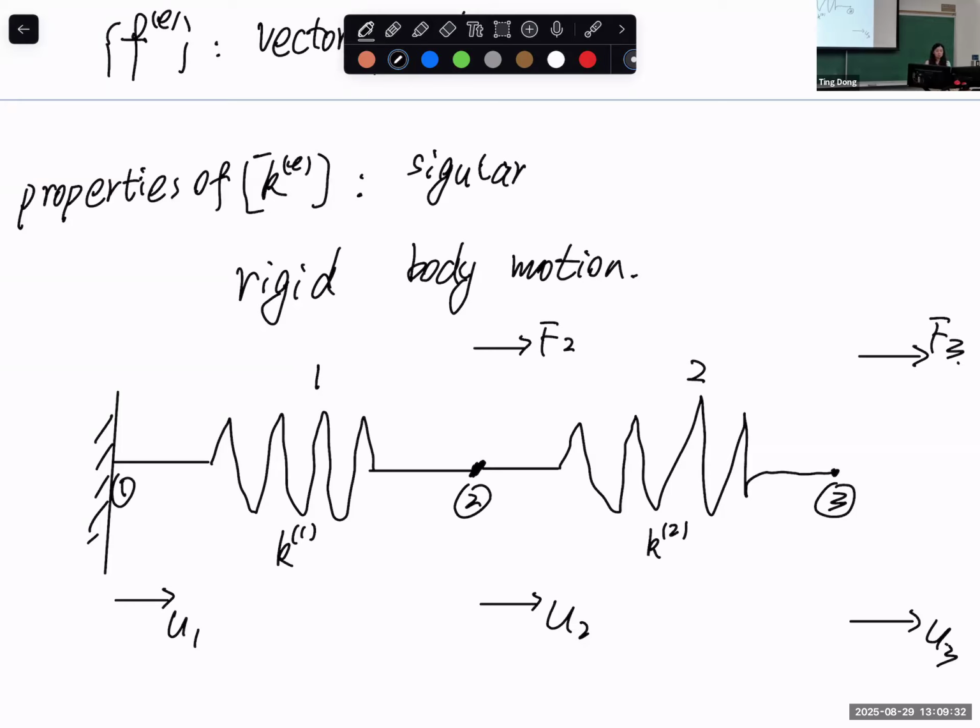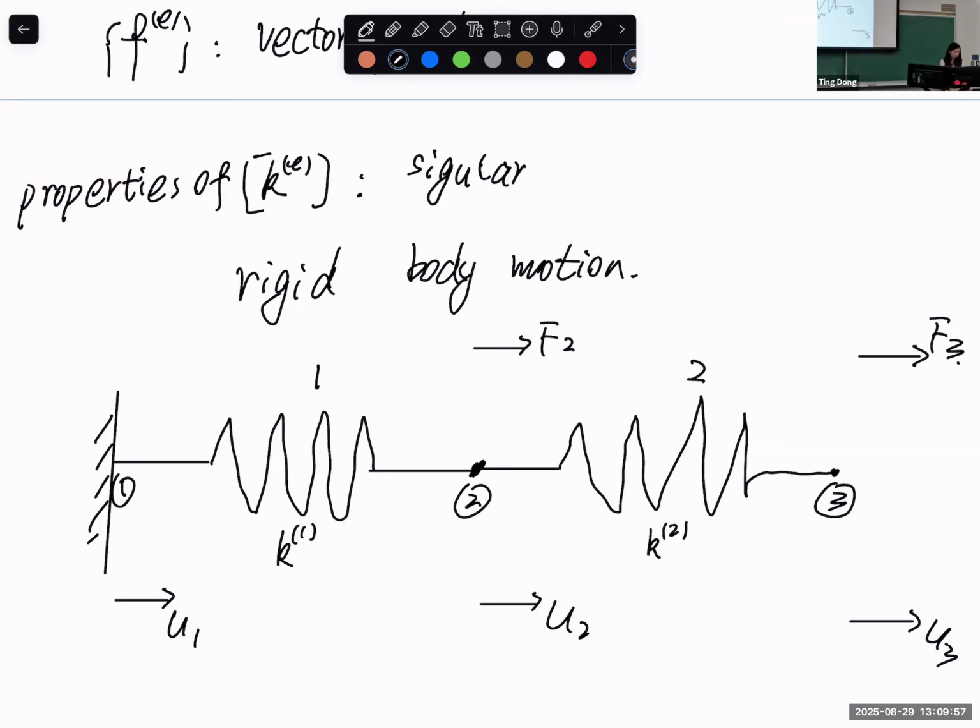And of course, since the first node is clamped to the wall, it's a reaction force. All the reaction forces in FEA are considered as unknown forces. I know you can solve it for the simple situation, based on statics, the reaction force equals F2 plus F3, but for all the reaction forces in our FEA, we consider them unknown forces.